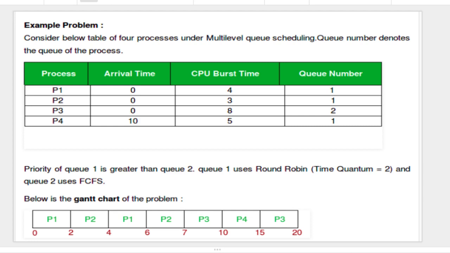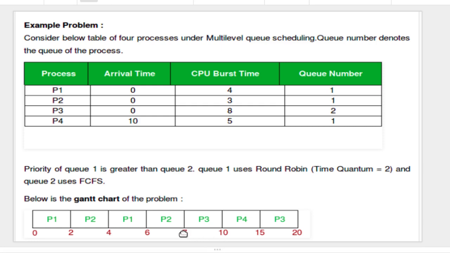At starting, both queues have processes, so processes in Q1, that is P1 and P2 with queue number 1, run first because of highest priority, in round robin fashion, and complete after 7 units. Then process in Q2, that is P3, starts running as there is no process in Q1.